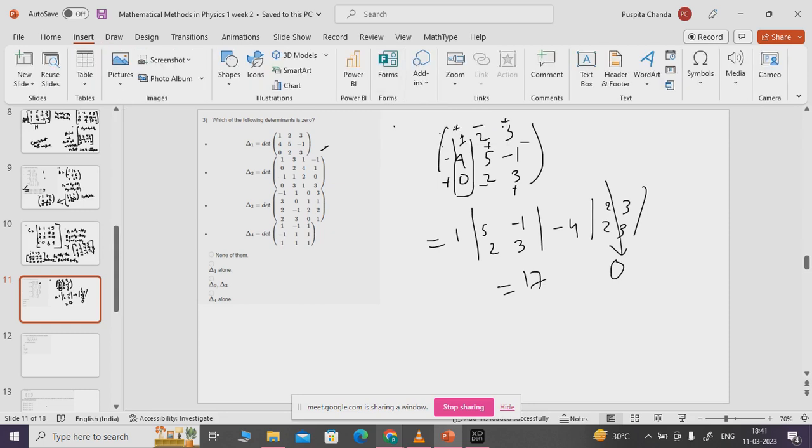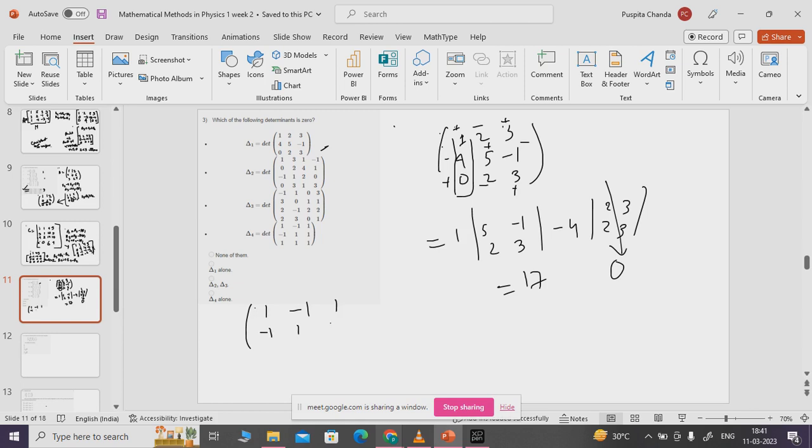Okay, now we will see the determinant of the other. Determinant of 4. This also you don't need row reduction and all that.